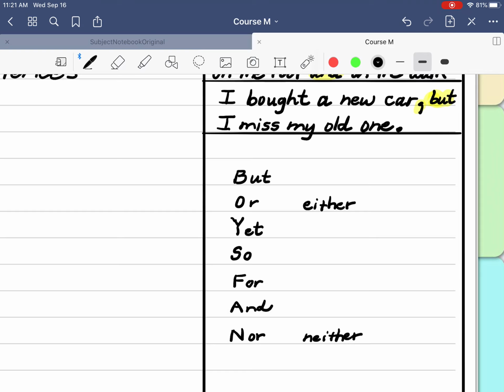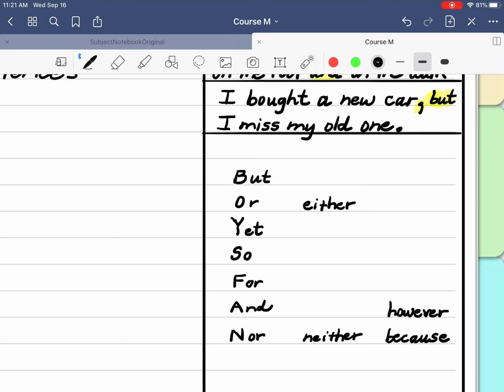Are there any others that I need to tell you about? Yes, there are. The word because is a conjunction. Let me just put it right here. It doesn't go with neither and nor. I'm just looking for space to put it in there. However would be another one that you might see.